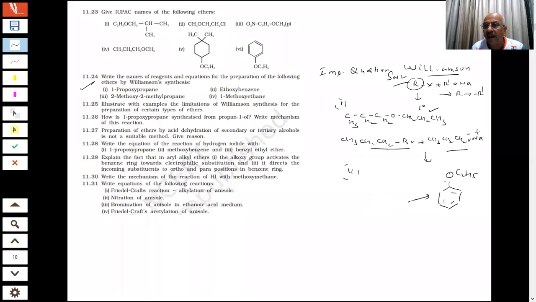One alkyl halide and one sodium alkoxide. One group is this, the other group is this. So which one will we select? Name the reagent. Name the alkyl halide which you have used.